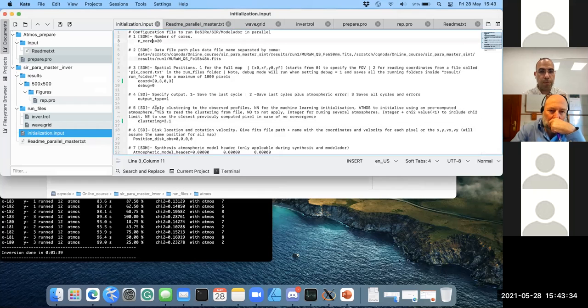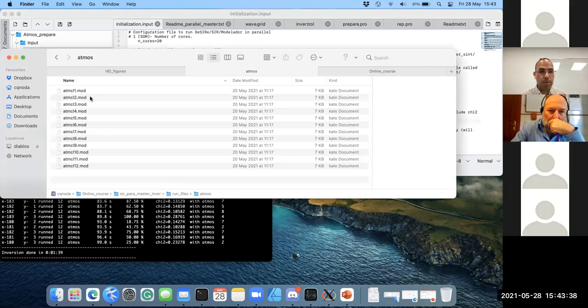If you put 12, it will always be in incremental order: first atmosphere, then number 2, number 3. If you have 100, to reach number 99 it has to pass all the other ones. It will never jump from one to the other, at least when doing the inversion. Okay? Okay, good. I think there's another question.